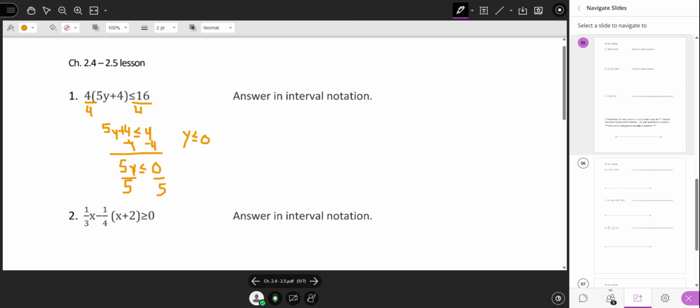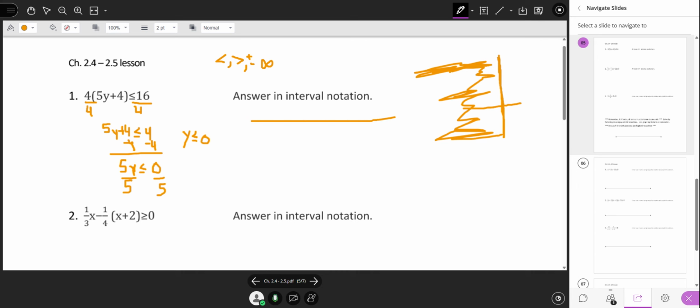Now, if you remember, it showed this solid line and everything highlighted to the left of 0. Remember, less than, greater than, plus minus infinity gets parenthesis.